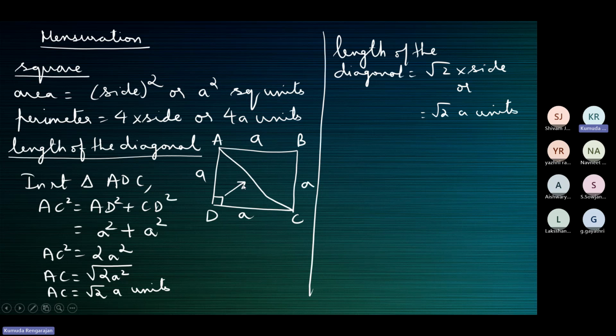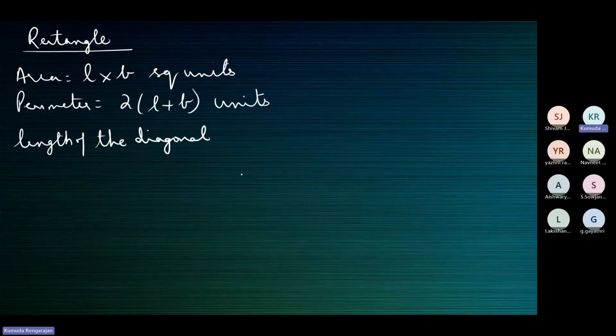So if AC is root 2a units, BD is also root 2a units. Likewise, a rectangle has two diagonals, and both the diagonals are equal in length.